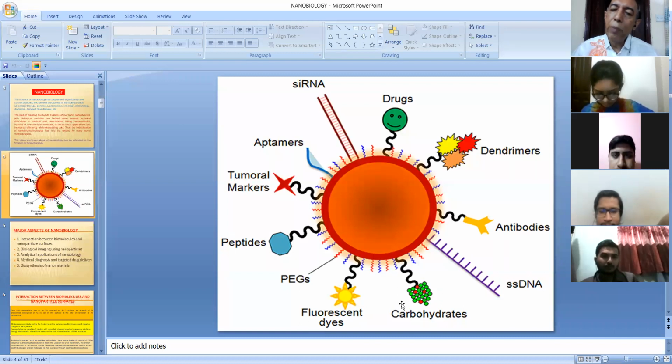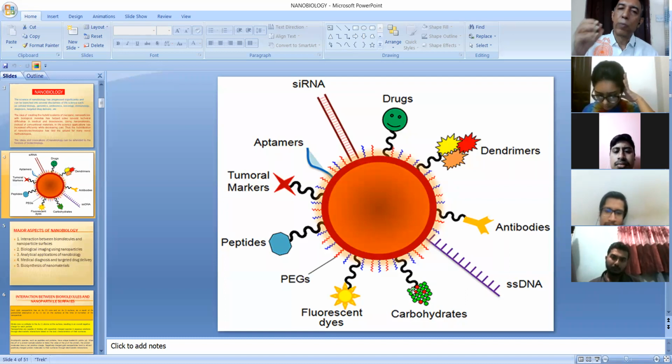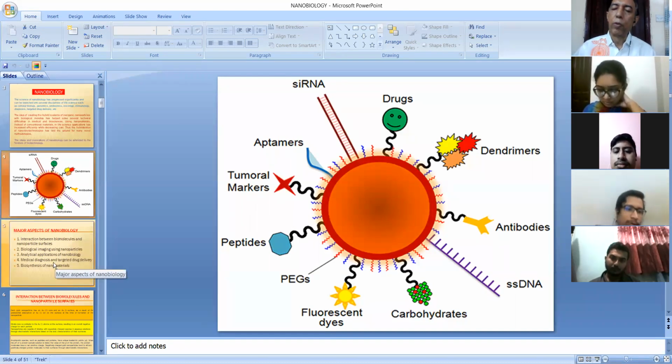So there will be an interaction of carbohydrate molecule with the surface of this nanoparticle. If the surface interacts with this carbohydrate, then what will happen? This is one of the major things which we have to study in nanobiology.